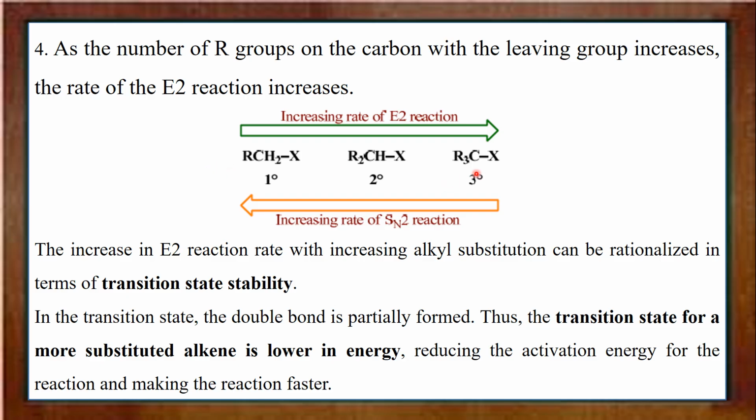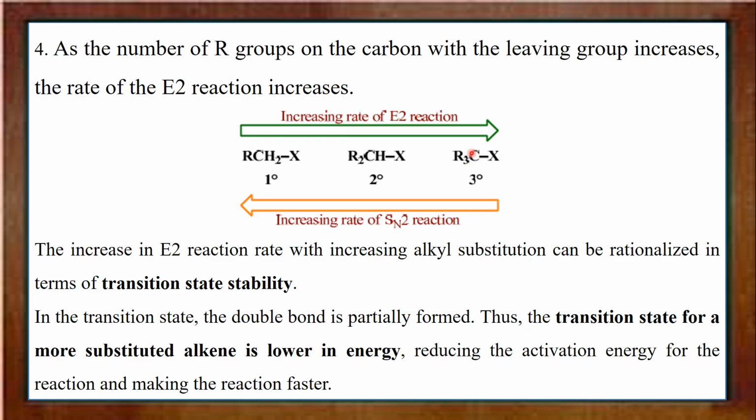Therefore, tertiary alkyl halides undergo E2 elimination at the fastest rate. It is because the substrate has an sp3 hybridized carbon. When it undergoes elimination, it forms a carbon-carbon double bond. Therefore, it becomes sp2 hybridized.